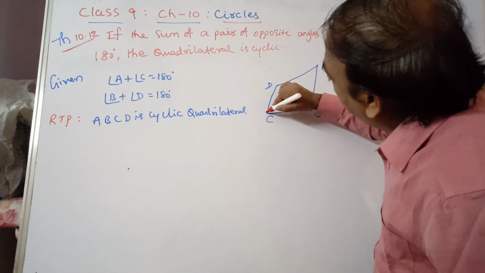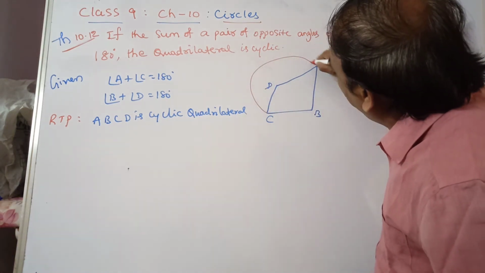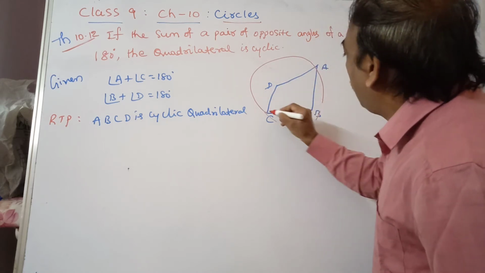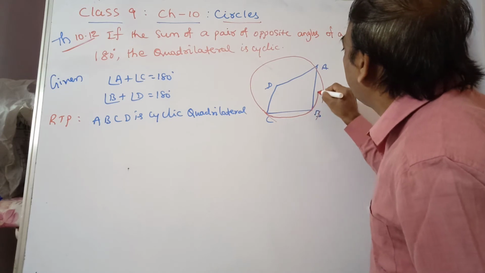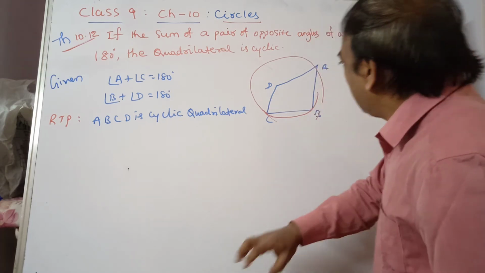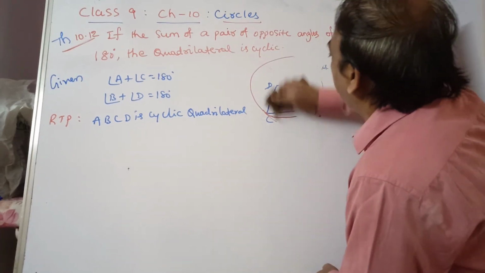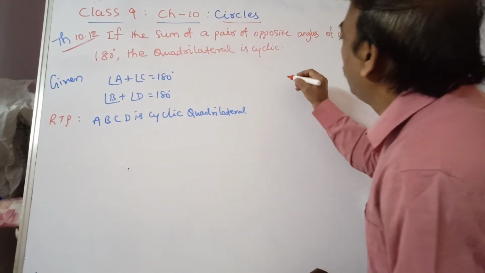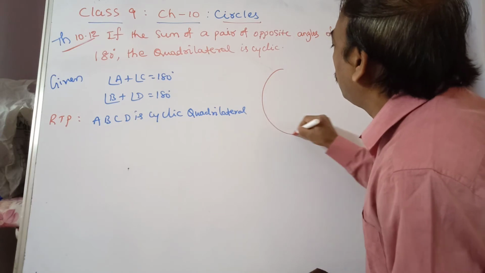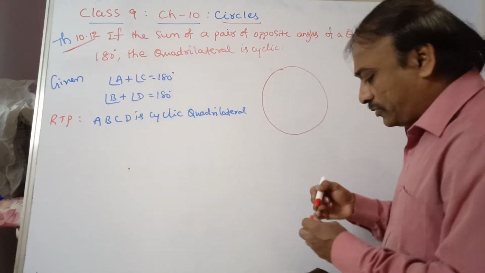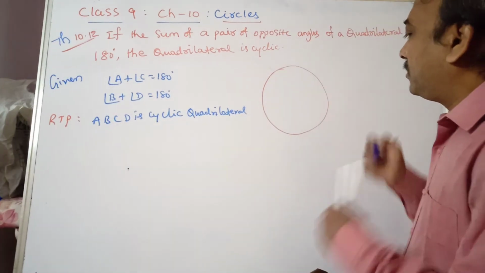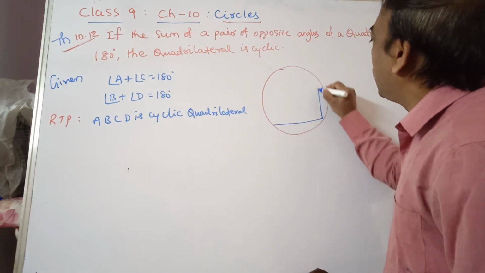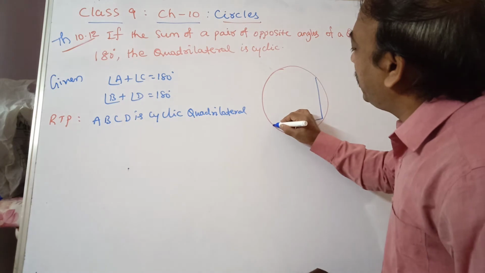The circle has to pass through non-collinear points. So first we draw that circle. What I want to say is, we are taking a circle through three non-collinear points.